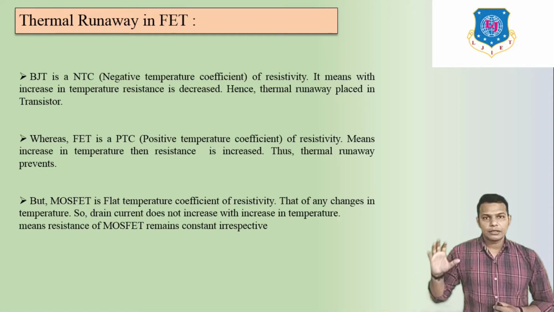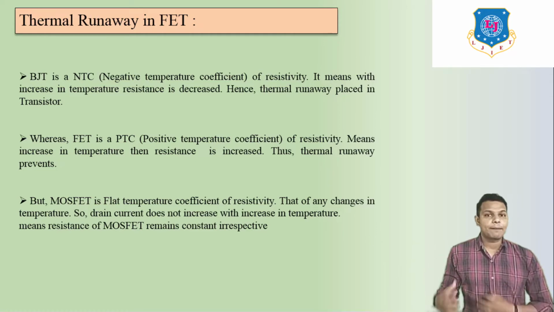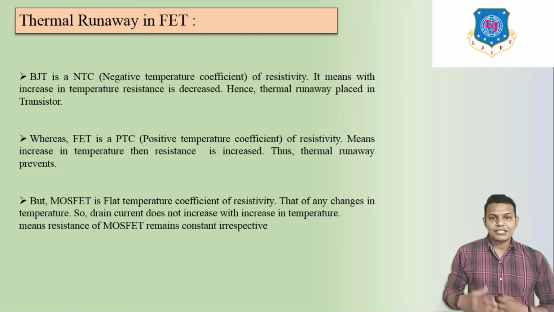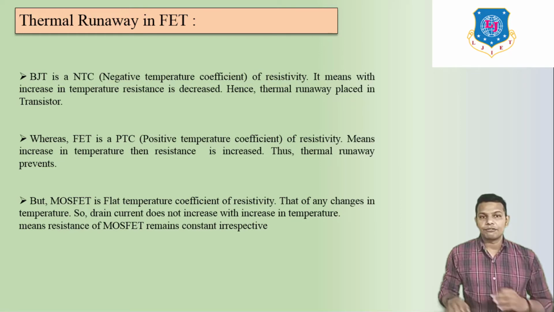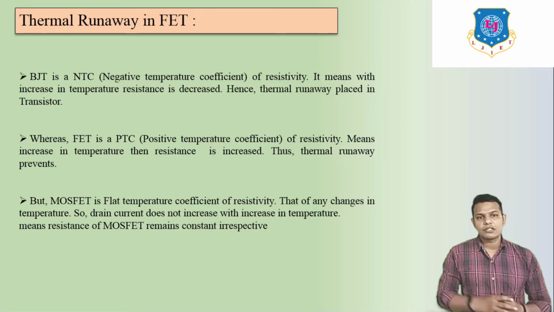Here we are going to discuss MOSFET. MOSFET has a flat temperature coefficient of resistivity. That means with changes in temperature, the drain current does not increase with increase in temperature. So the resistance of MOSFET remains constant irrespective of temperature.